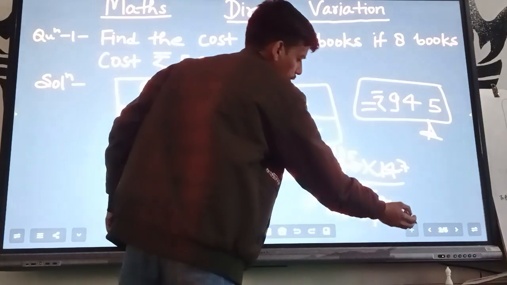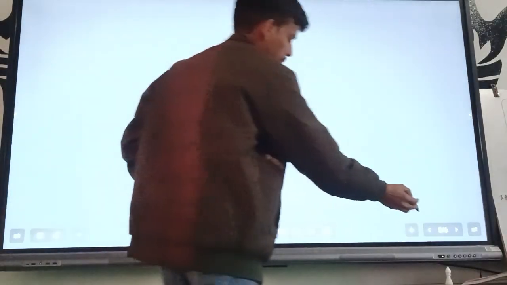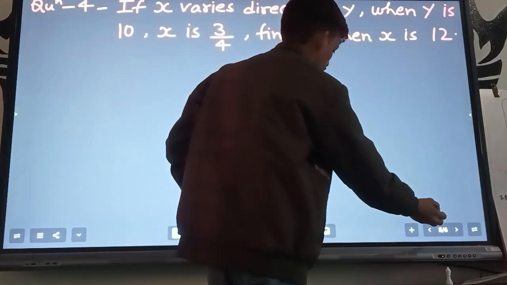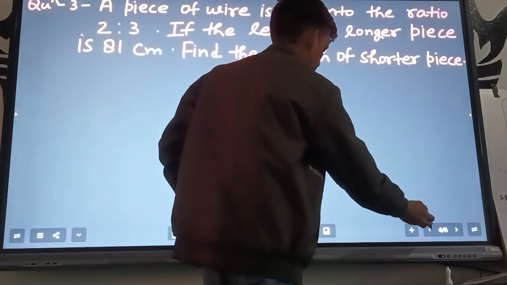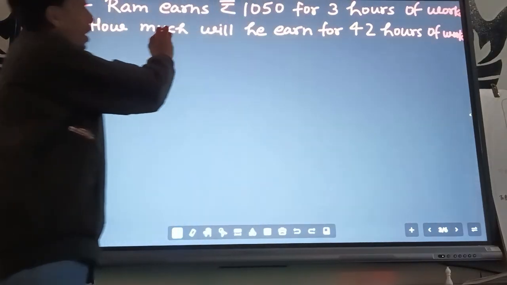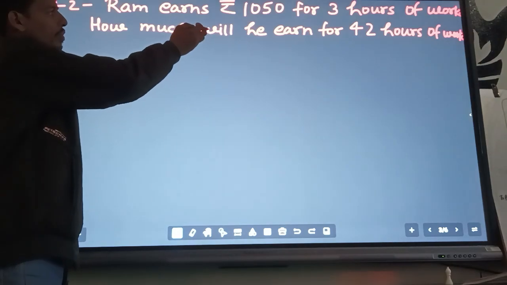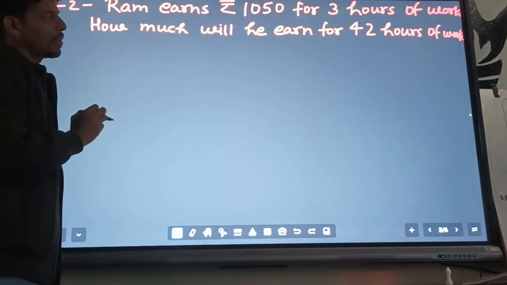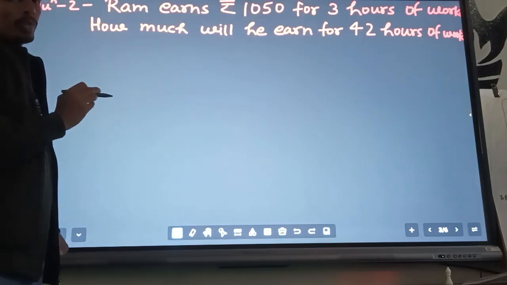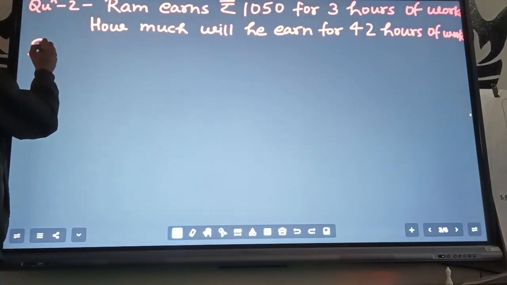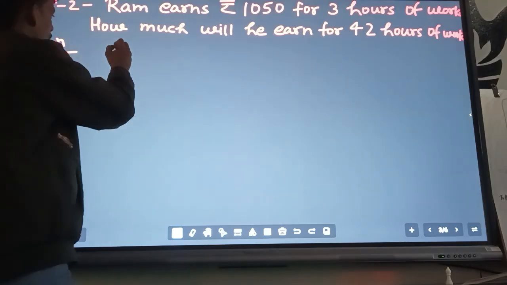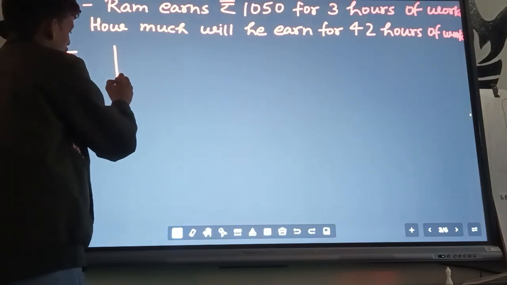Now our second question. Ram earned rupees 1050 for 3 hours of work. How much will he earn for 42 hours of work? Similarly, here we will take a column.